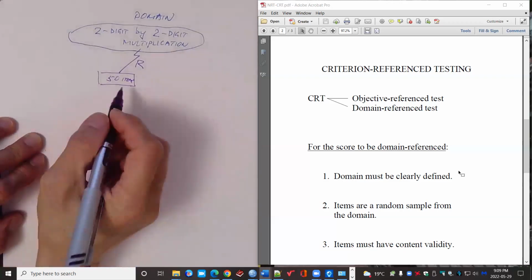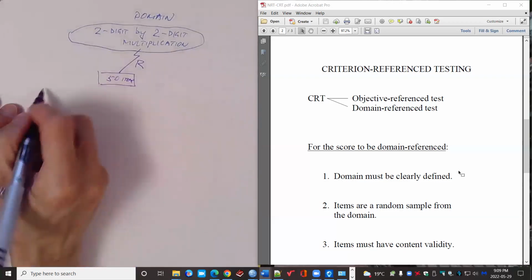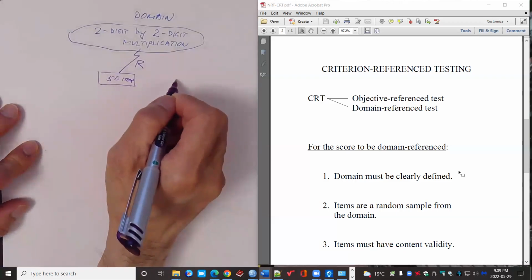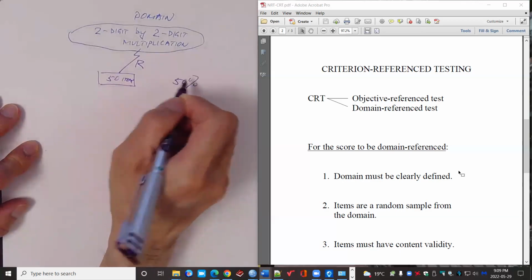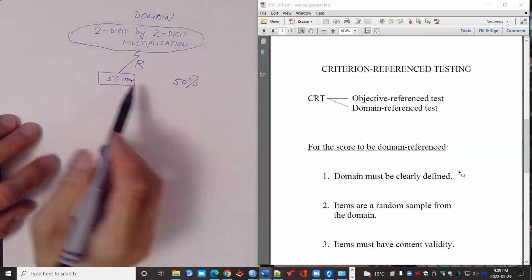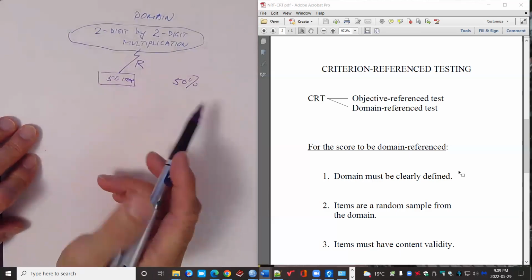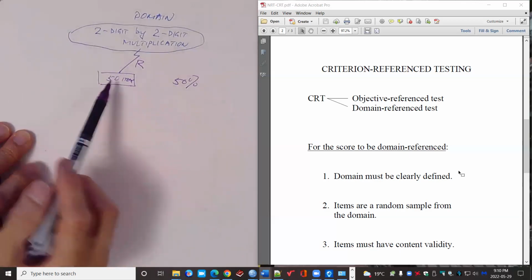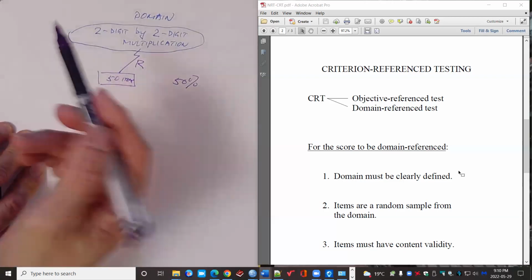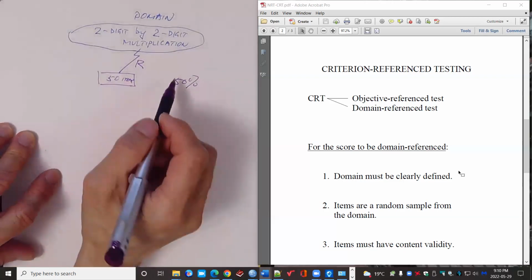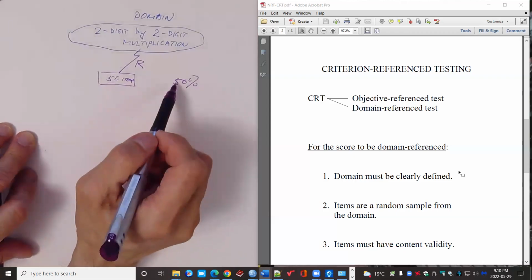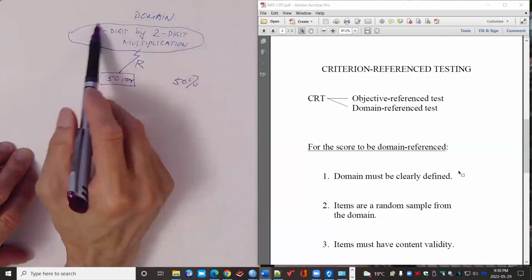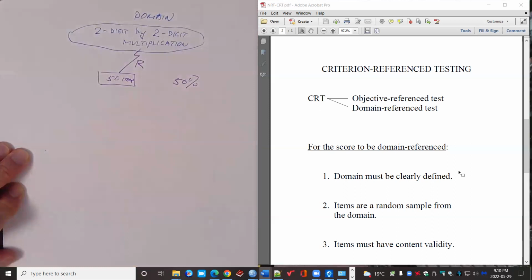Then let's say a score of 50% on this test. If it is random, this is called a criterion reference test. That means this subject knows 50% of all the items in this domain. So that's the meaning of criterion reference test.